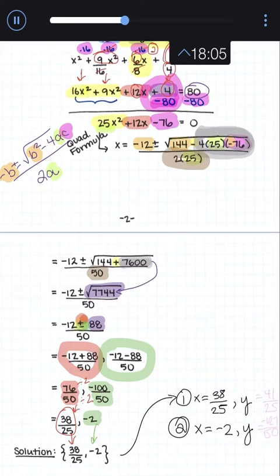When you plug both x's back into the original equation, making sure that you actually get common denominators and everything, you will get the following solutions for y. You'll get 41 over 25 for y when x equals 38 over 25, and when x equals negative 2, you'll get a y value of negative 127 over 50.